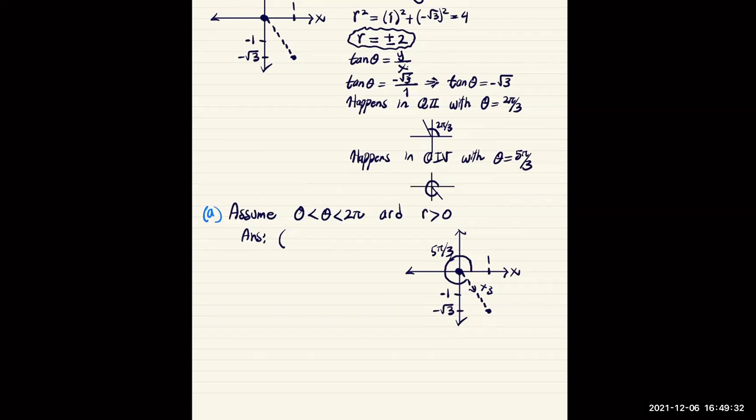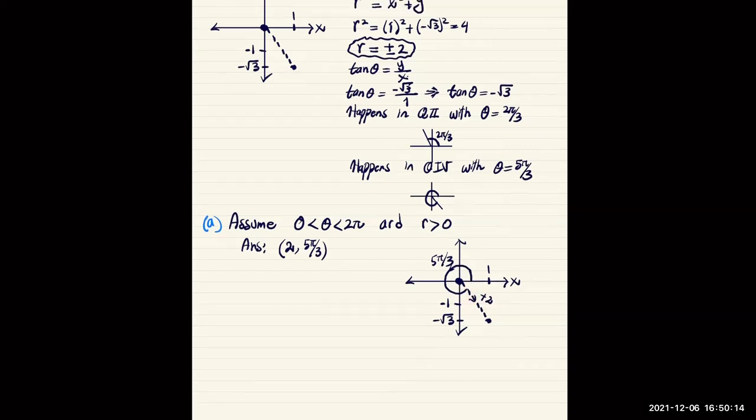It's 2 is what I meant to write, because we got 2 for R. So go positive 2 for R and 5 pi over 3 for the angle. Again, that angle is from 0 to 2 pi and your R is positive. We're going counterclockwise. I'm not going around 2 revolutions to get there. I'm just going around so that the angle is between 0 and 2 pi, and in that direction, go 2 units away from the pole.